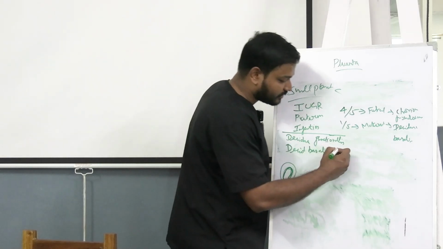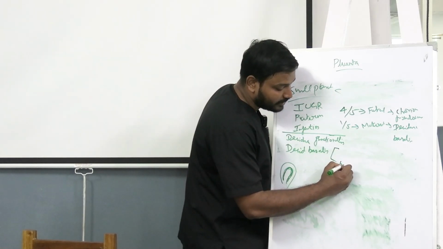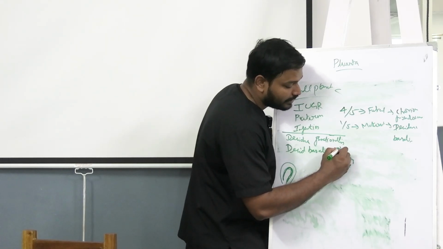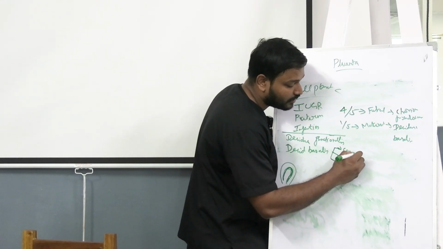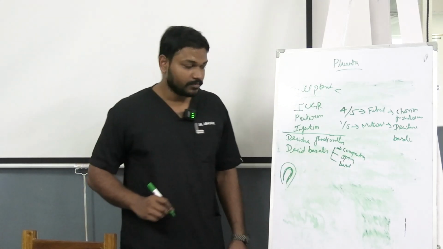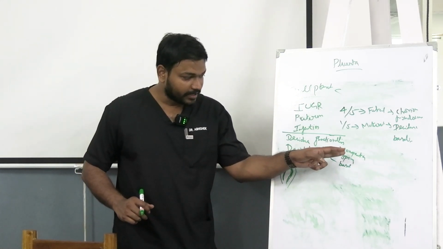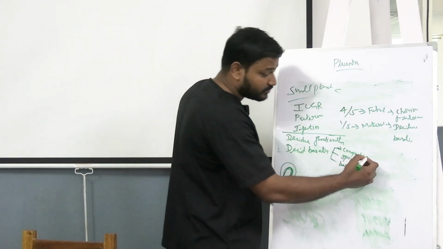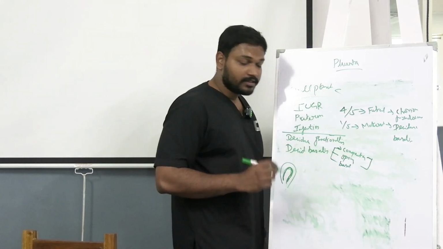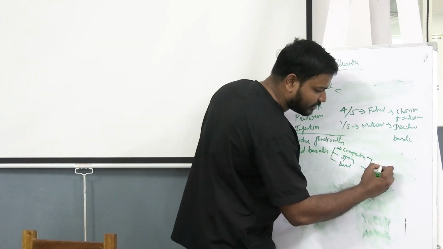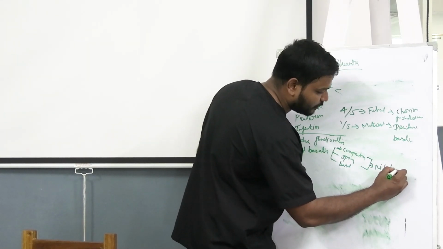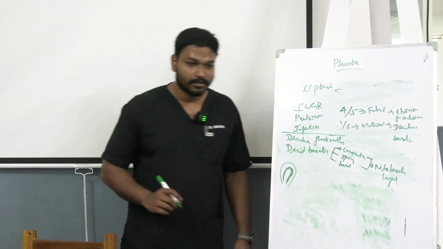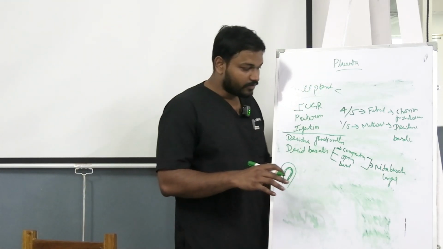This decidua basalis has three parts: superficial compacta, middle spongy layer, and basal layer. Between the compacta and spongy layer there is an interesting thing called Nitabuch layer.